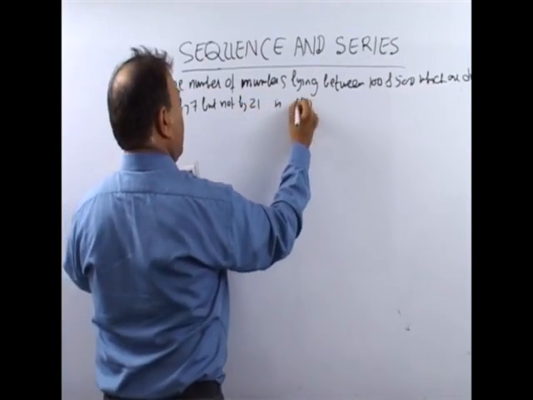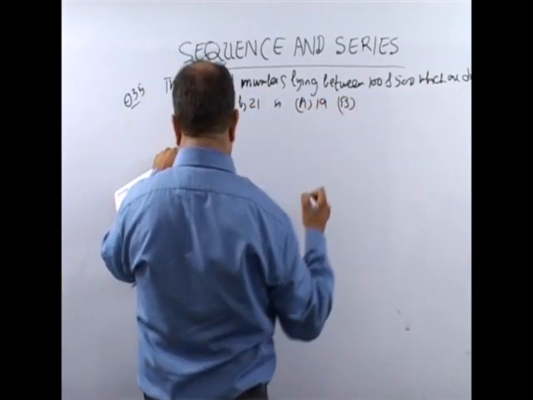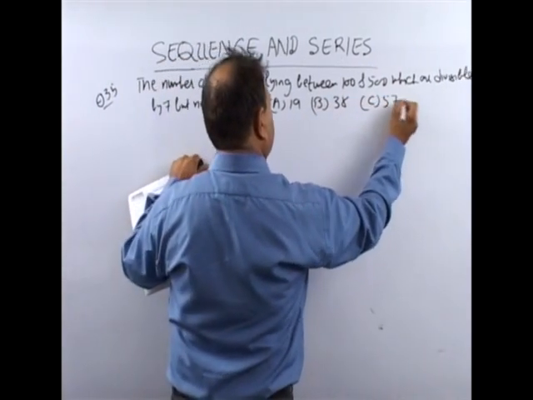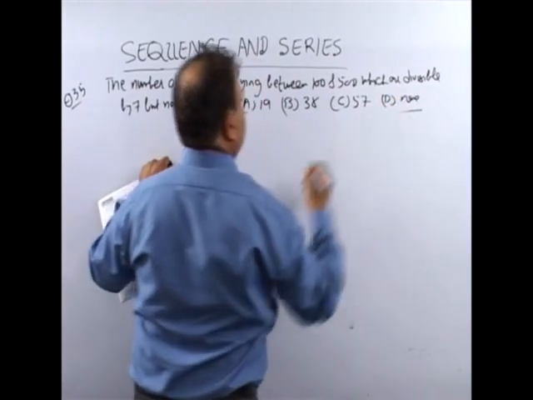Option A is 19, option B is 38, option C is 57, and option D is none of these.